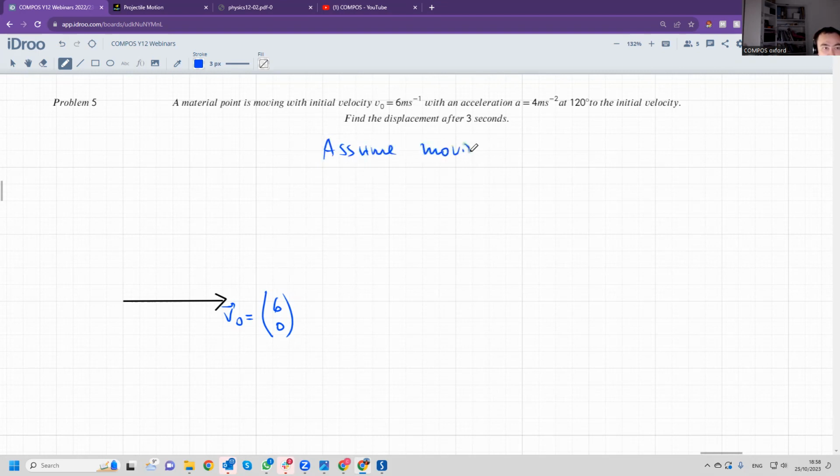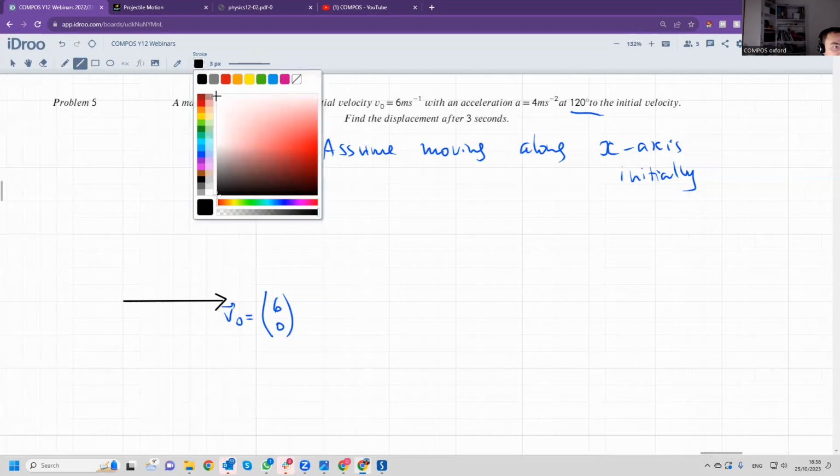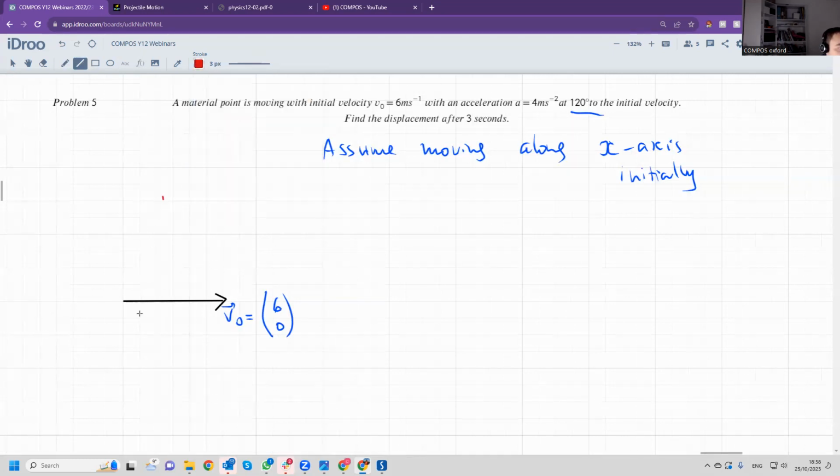Acceleration is 4, but it's not along the x-axis. It's at 120 degrees to the velocity. So the acceleration is in this direction. This is the acceleration.